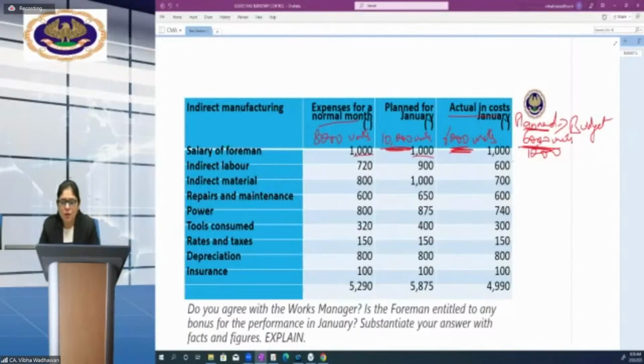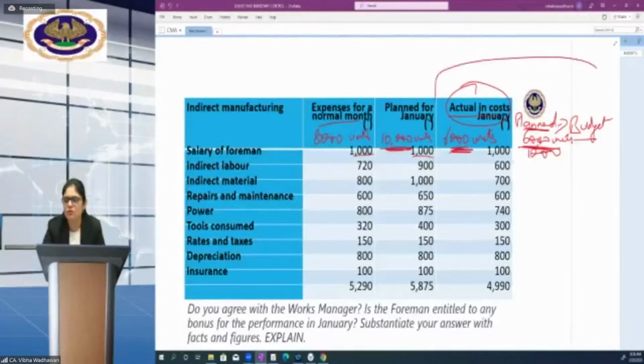You have to calculate the difference between the actual cost under 6,000 units and the budgeted under 6,000 units, because we made the budget for 10,000 units. But due to some exigency, the units produced were 6,000. So actual cost is given for 6,000. We will make a budget for 6,000 and then we will be comparing.